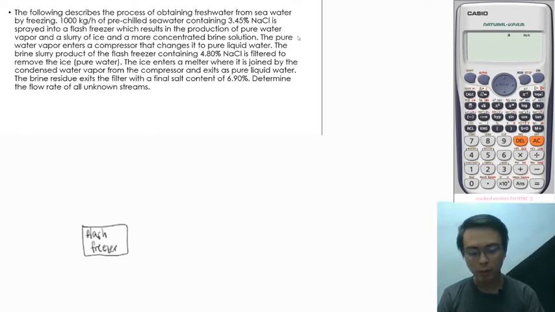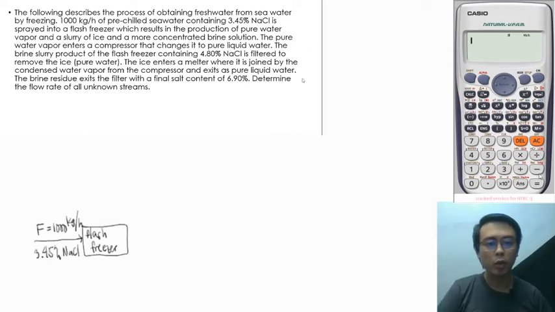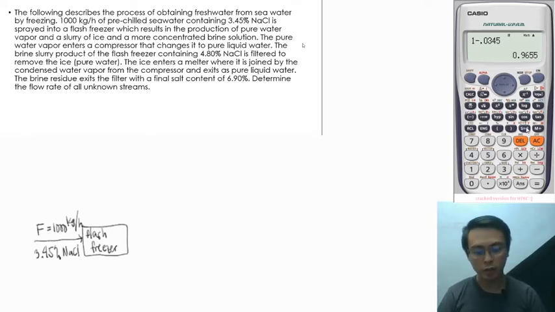The input to the flash freezer, as mentioned, is 1,000 kilograms per hour. It contains 3.45% sodium chloride. Of course, the balance of this will be water, that is 96.55% water.